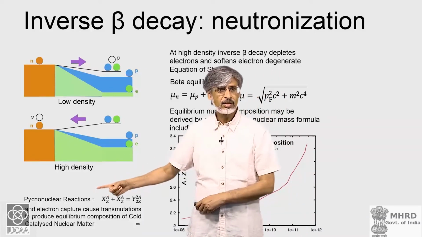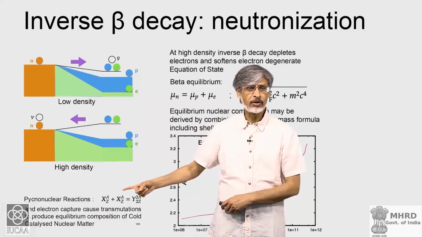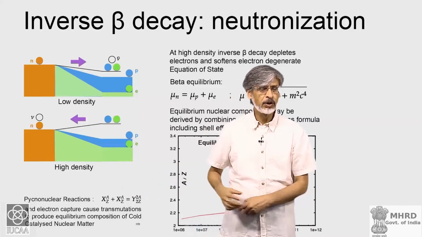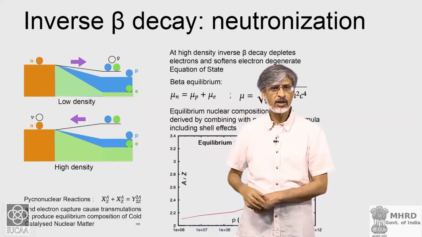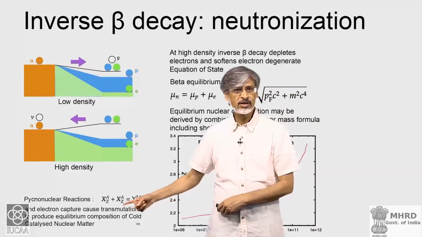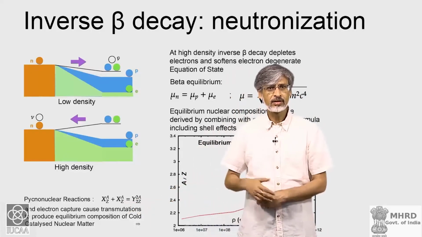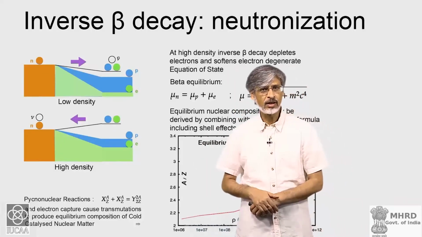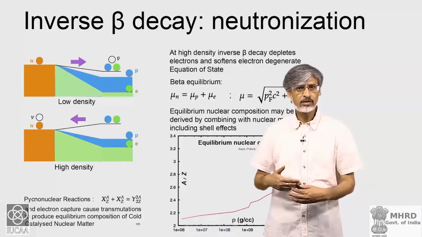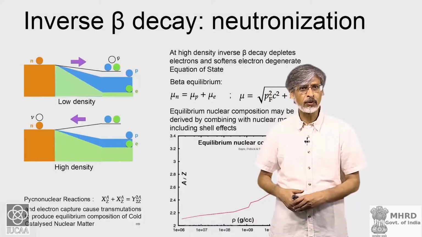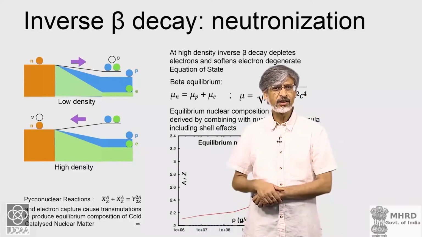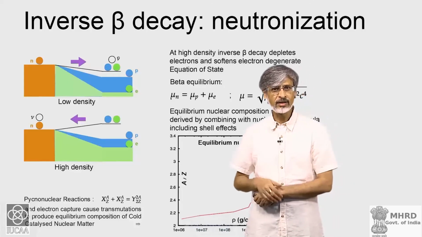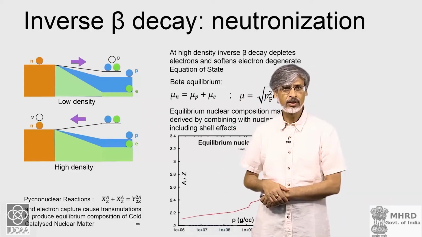So, this added to what we call pycnonuclear reactions, where at high density two nuclei can combine to produce a heavier nucleus. This plus electron capture will keep changing the composition of the material, because as you change the number of protons in a material and create more neutrons, of course both the atomic number and the mass number will keep changing.